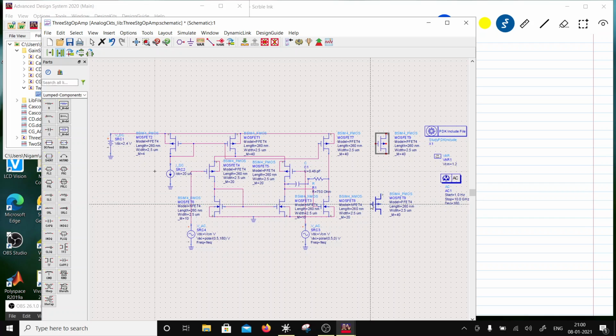So this is the load actually, and then this is going to be my source follower. This is a PMOS device, and the load is also a PMOS transistor.